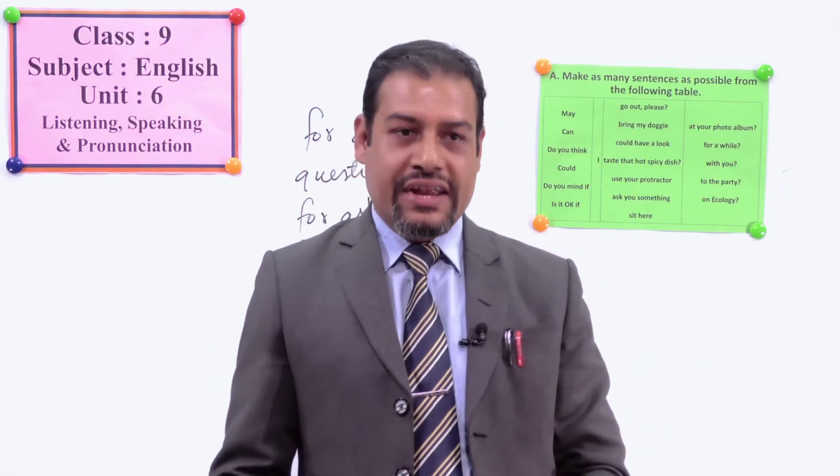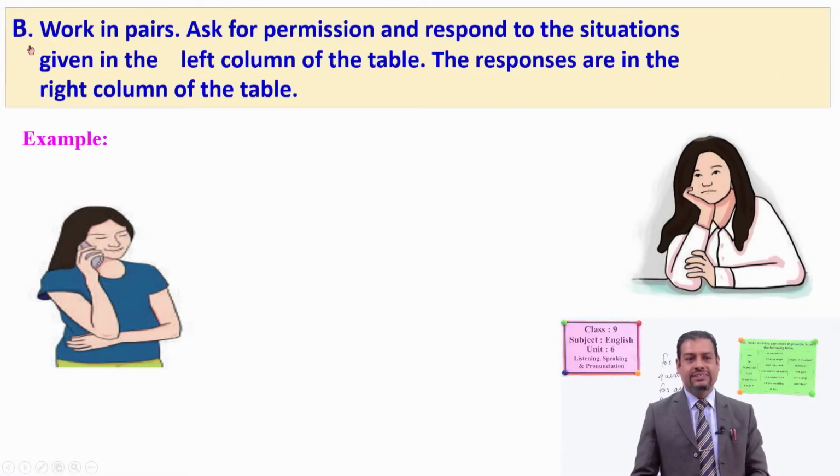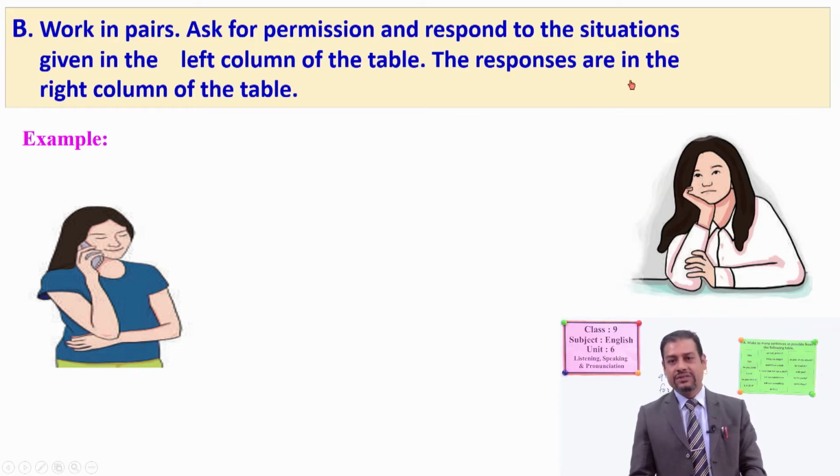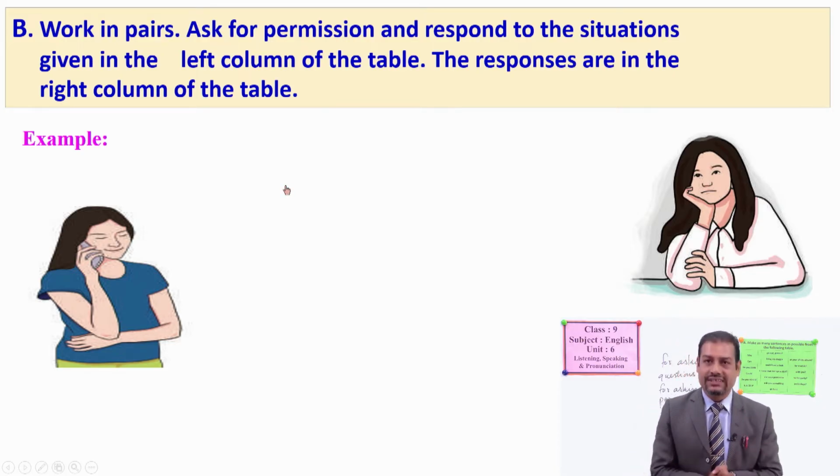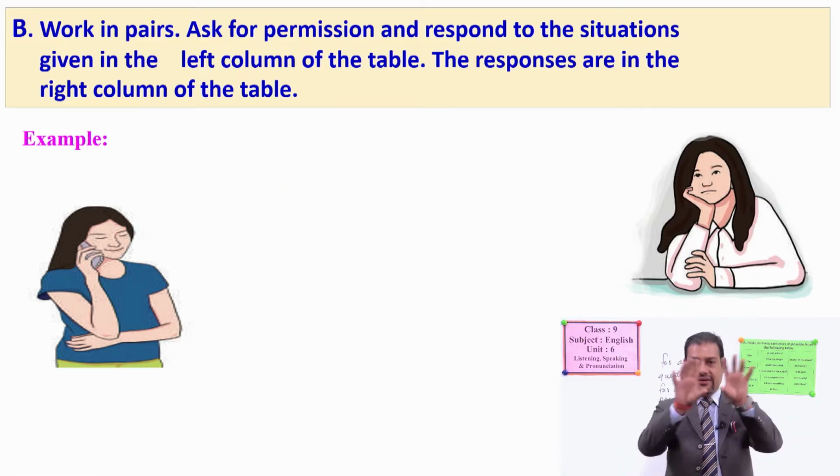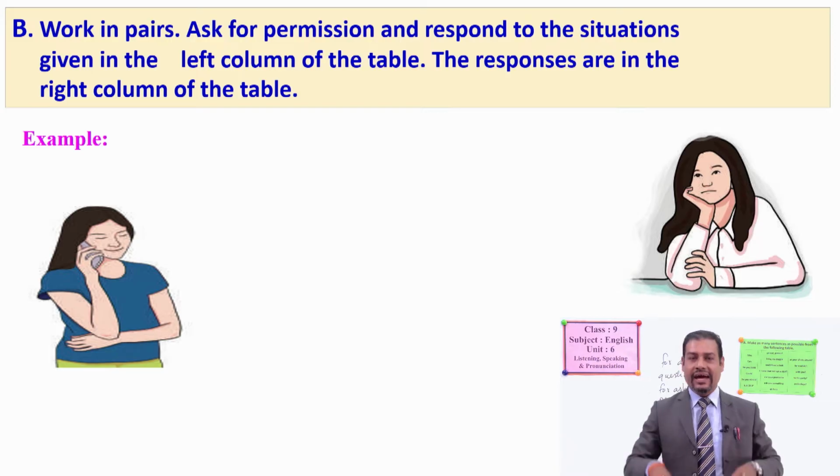Well, now we have this task: work in pairs. Ask for permission and respond to the situations given in the left column of the table. The responses are in the right column of the table. First of all, I want to present you this example, and then I will show you the table. From that table, you have to practice making permission.